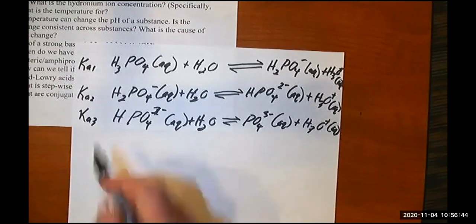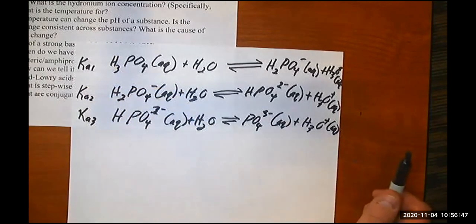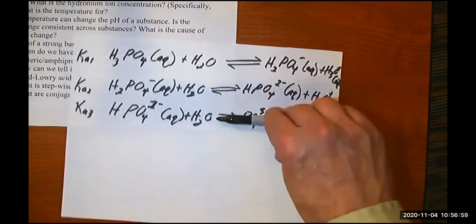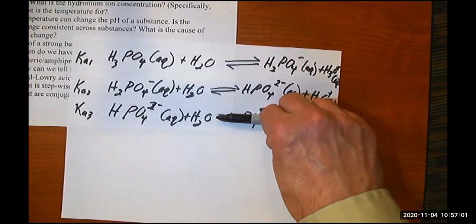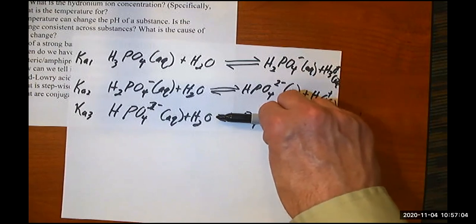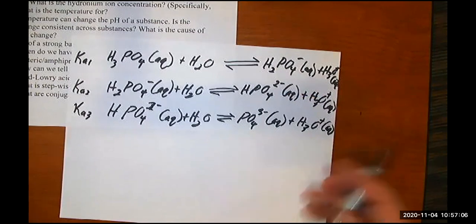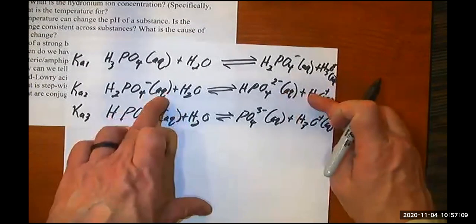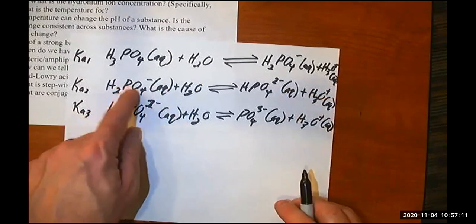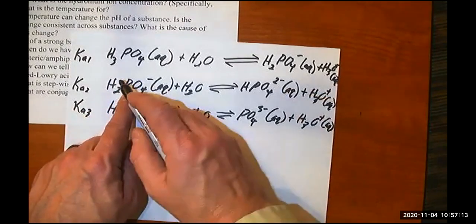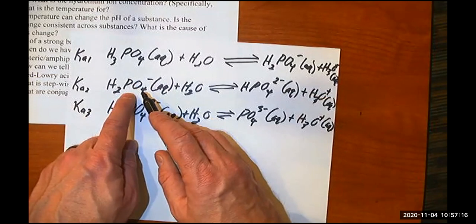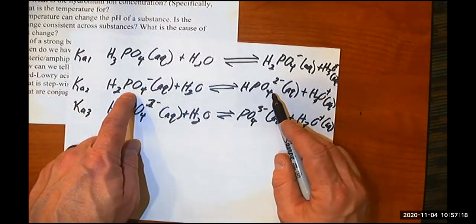And you're going to be given the Kas for each of these reactions. You're going to be looking at it in the pH range of blood and figuring out which of these equilibria is the one that is important, is active at that point, and you'll then be calculating. So let's pretend the middle one is the one that's active. What that would mean is that there's a reasonable concentration of the dihydrogen phosphate here and a reasonable concentration of the hydrogen phosphate.